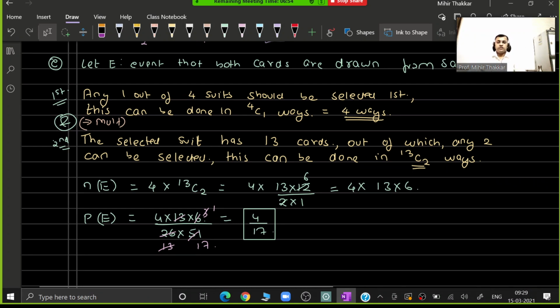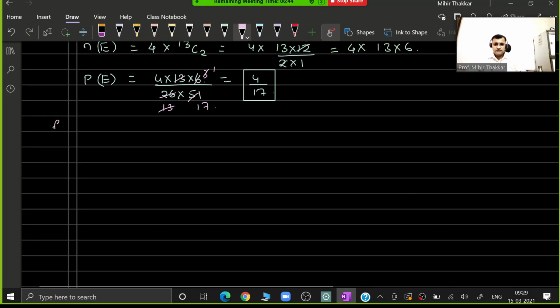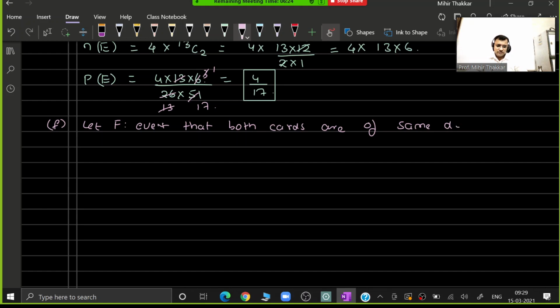I will consider over here that let F denote the event that both the cards are of the same denomination.